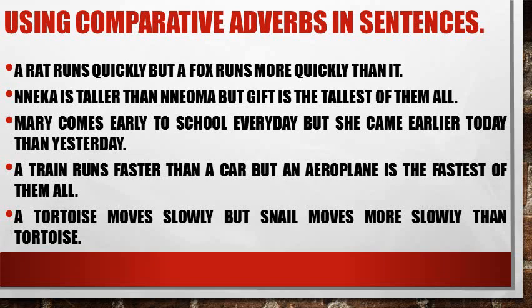In other words, we can say a rat runs slower than a fox. And here we say, in other words, a tortoise moves faster than a snail. Do you get it? So now they both changed position. Here we have the one that runs more quickly than the other as the subject matter, and we have the one that moves more slowly than the other as the subject matter. So right now you understand this.